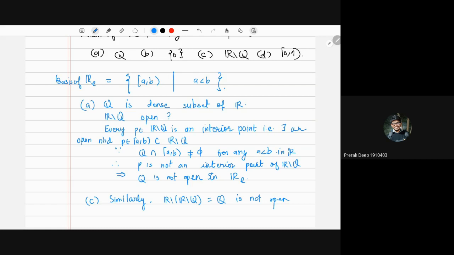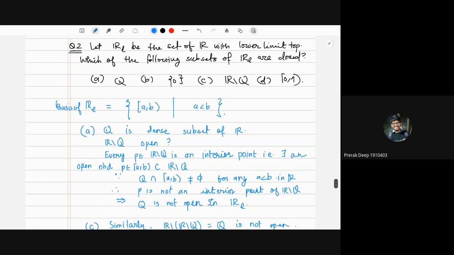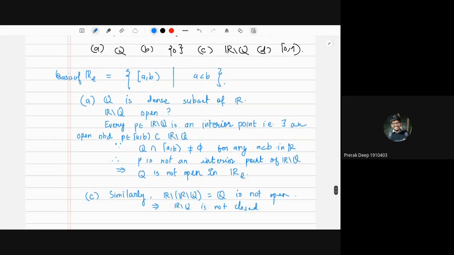It will have non-empty intersection with it, but it doesn't contain a complete interval, because there will be irrational points sitting in this interval, right? So this is not open, and this implies that R minus Q is also not closed. So options C and A are not the answers. What about B and D? Let's explore that.